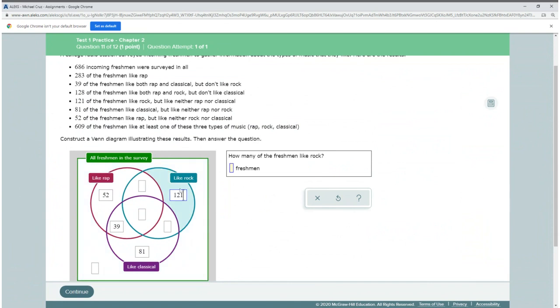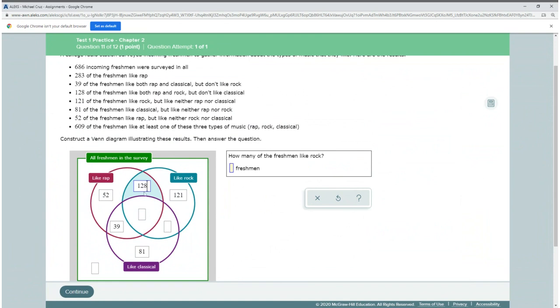We've actually got rid of everything here. Let's see how this helps us. 128 of the freshmen like both rap and rock, but not classical. So now we've used everything from here to here, so now we can start filling in this one.